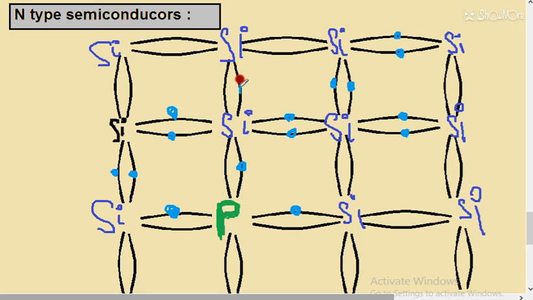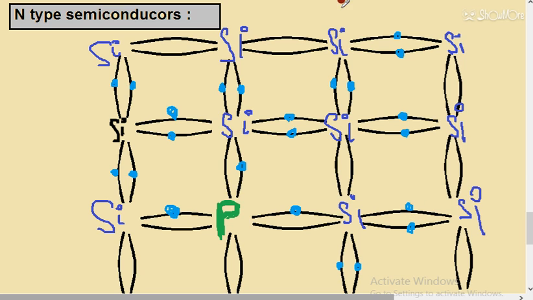So let me finish this diagram soon. After that we will discuss the construction of this N type. Now the diagram is almost over. So these are the bonds, these are the electrons.